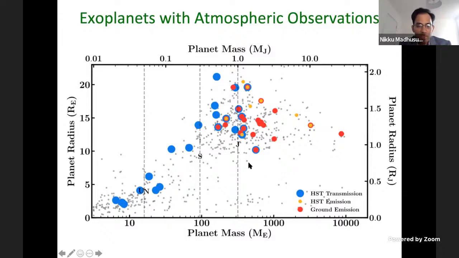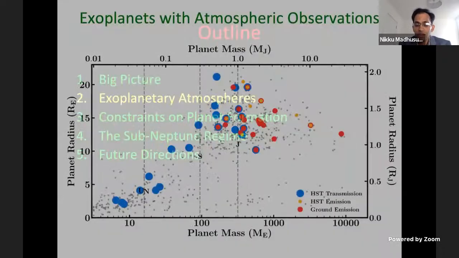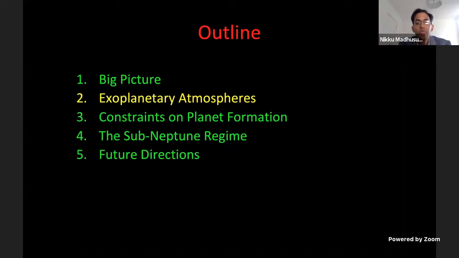But what you'll notice, the peculiarity in this plot, is that most of the observations are happening in the high mass, high radius regime. So that's what I was saying at the very beginning of the talk, that hot Jupiters dominate the atmospheric observations to date. And that's just because they're very observable.